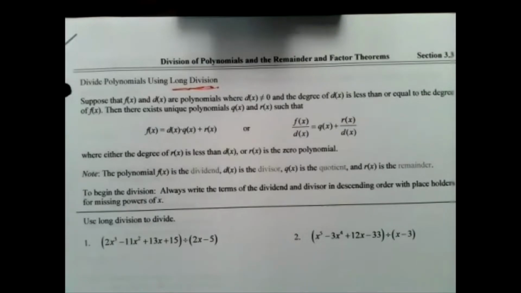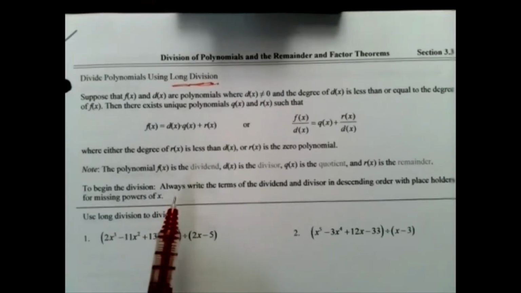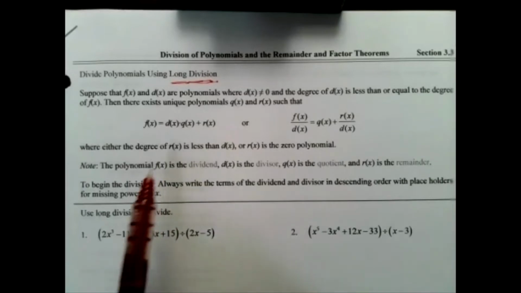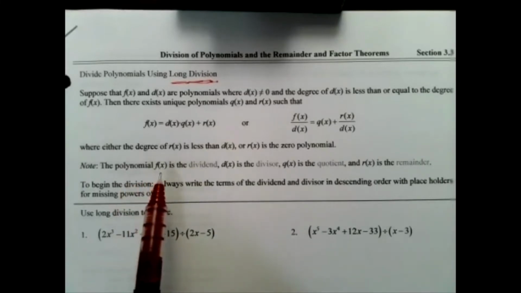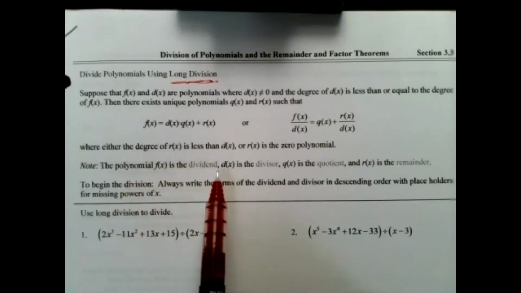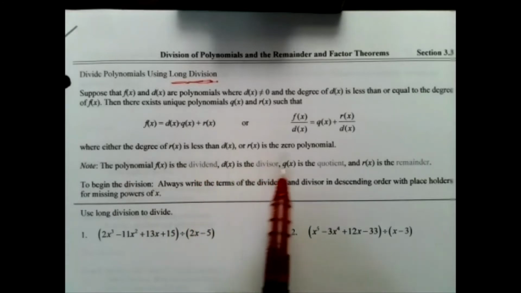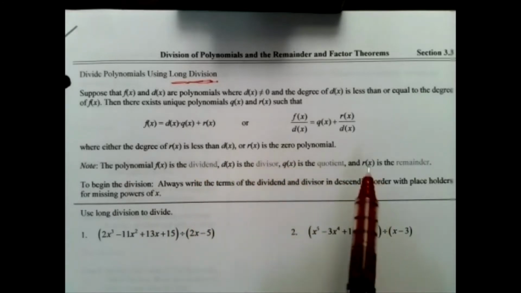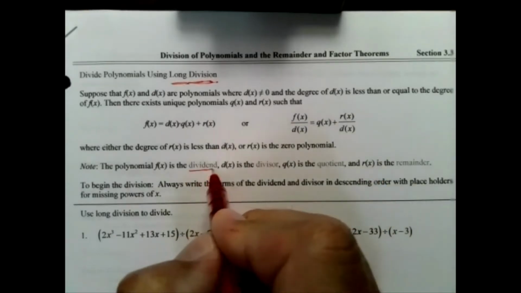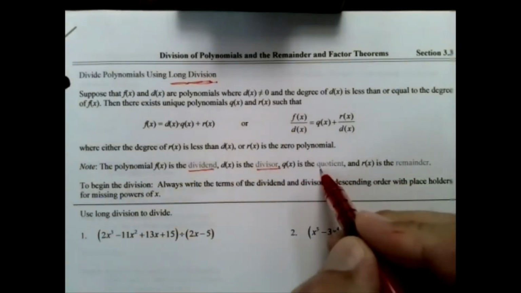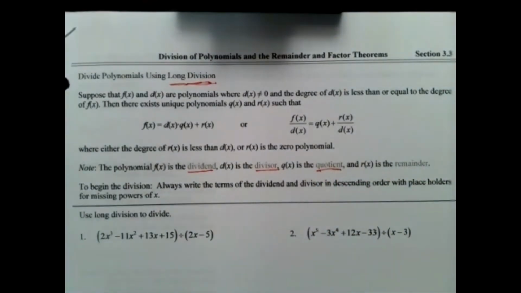Here's what makes sense. I have a function f of x. I'm going to have something called the dividend, something called the divisor, and something called the remainder. Three terms that you've heard and you forget which one is which. The dividend, the divisor, the quotient. I know the remainder. That's definitely one that I have locked up in my brain.